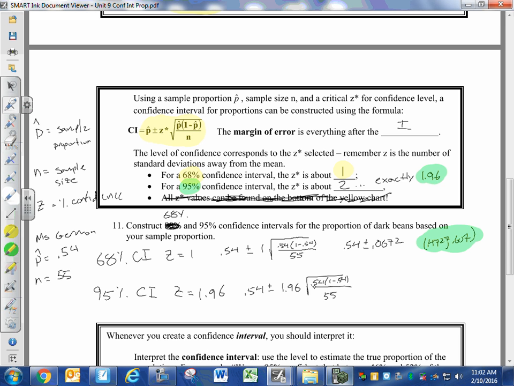Now, it's not 0.54 times, it's 0.54 plus and minus. So you have to do this with a plus and this with a minus.